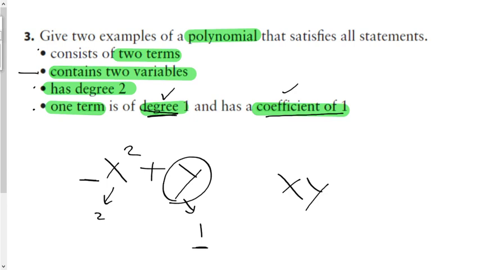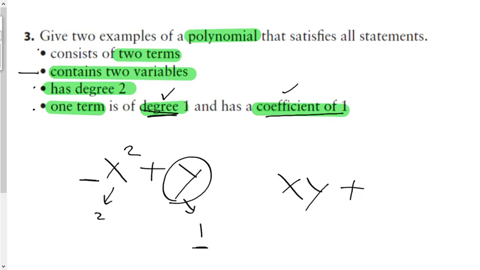What's the degree of xy? 2. Because the exponents on the x and the y, although not written, are both 1, correct? And since the degree of a term is based on the sum, adding together, of the exponents on the variables in a term, this would have a degree of 2.